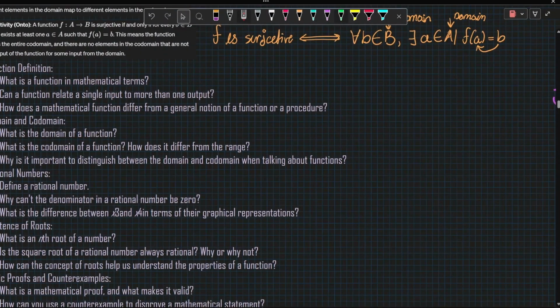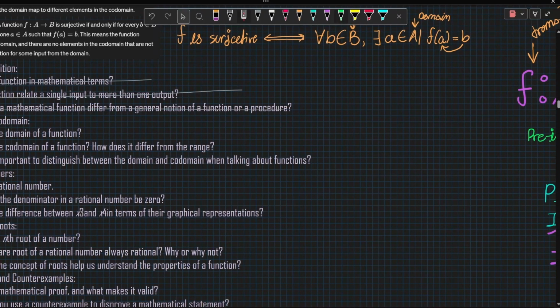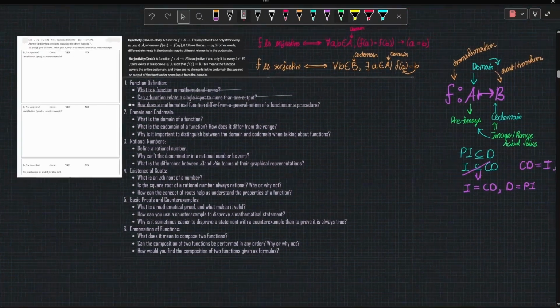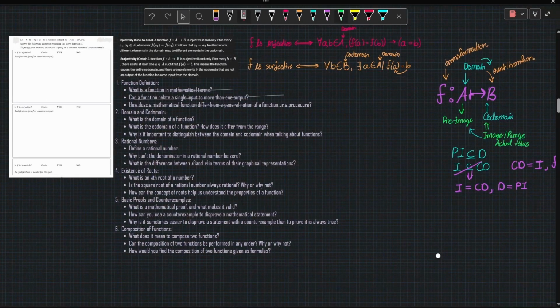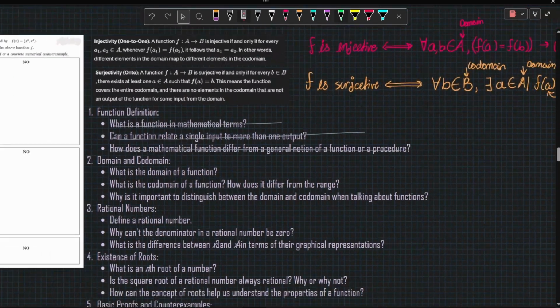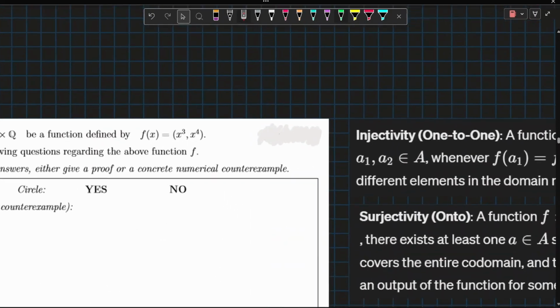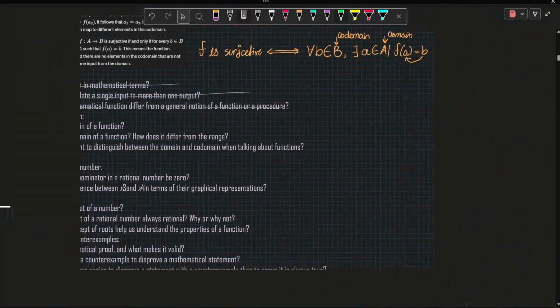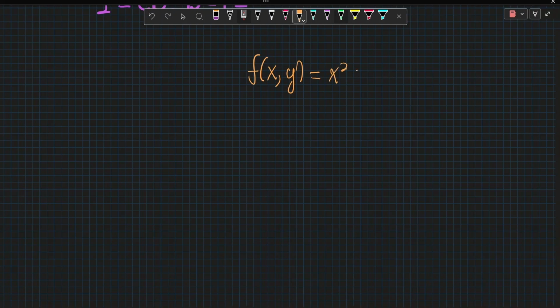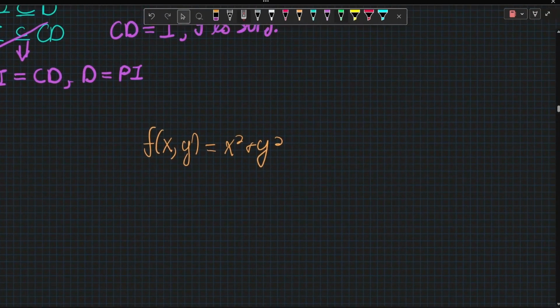All right. So now we know what a function is, what a function can do, and how mathematical functions differ from the general notion of a function, okay? And a function with a single output versus more than one output, we can see sort of through here. We'll say f at x, y, is equal to x squared plus y squared, meaning that we require two variables to complete one output, okay?